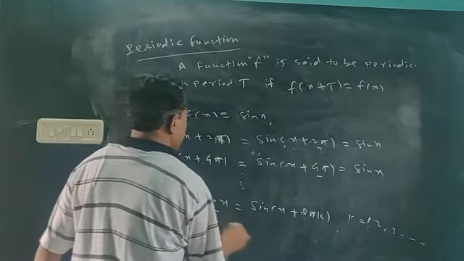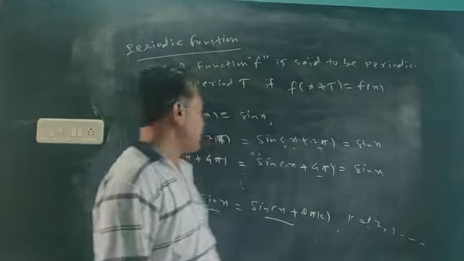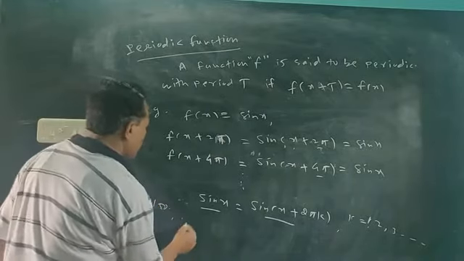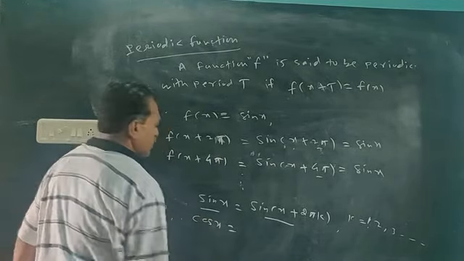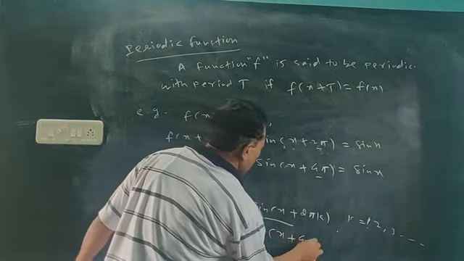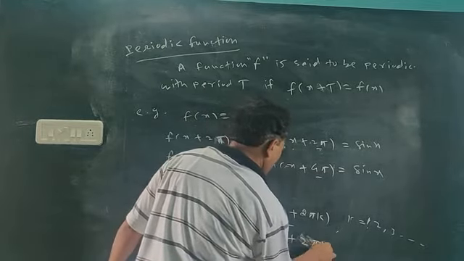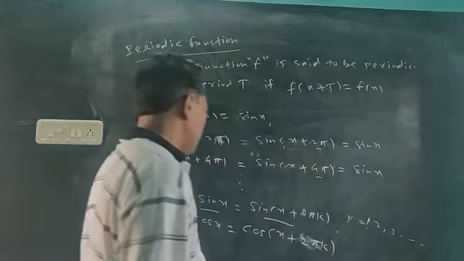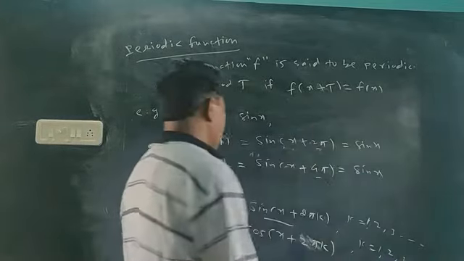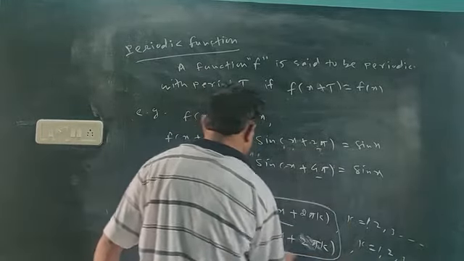Every sin and cos function can be expressed as sin of x plus 2 pi k and cos of x plus 2 pi k. Remember this.